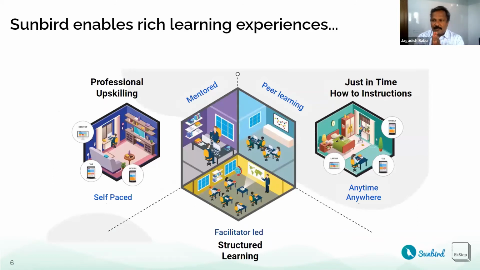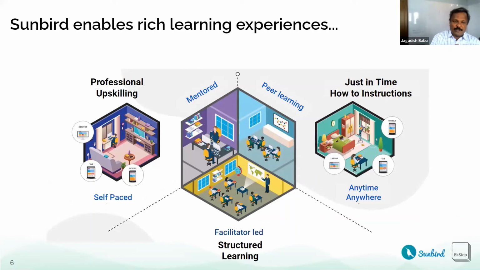So Sunbird, which was conceptualized about 4 years ago to specifically solve for large-scale human capacity development problems, has been continuously evolving. And what you're learning is a snapshot of what it is in 2021, right? Last year itself saw many building blocks getting added to facilitate various aspects of this solution.